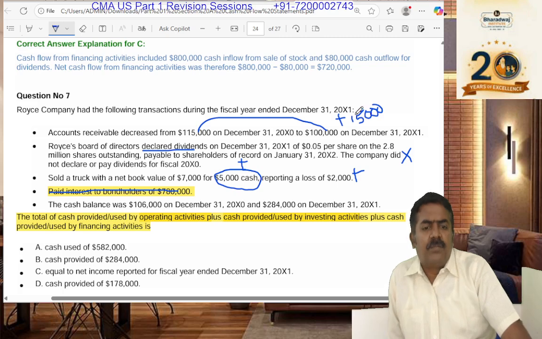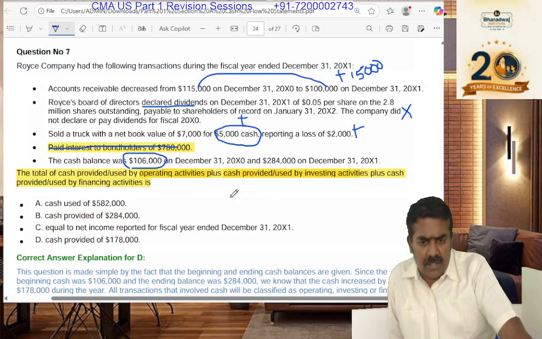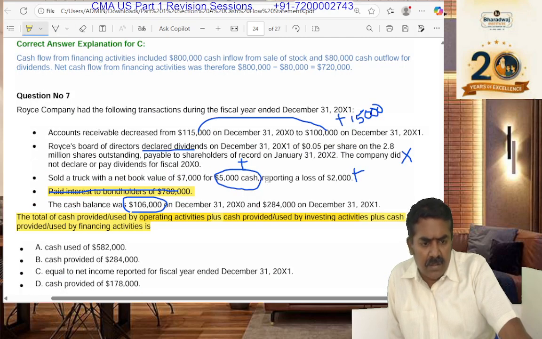So putting plus 15,000, plus 5,000, plus 2,000, plus 1,06,000, plus 1,06,000, minus 2,84,000. How much do you get? 1,56,000. 5,000 cash from investment.